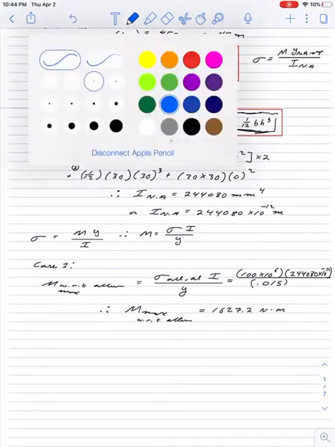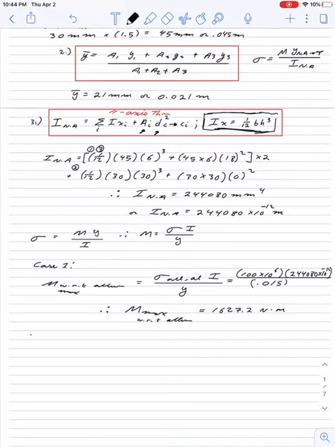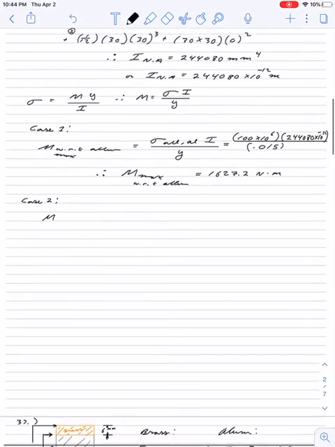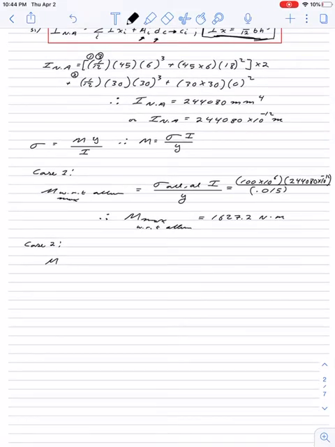So we go down here, and we want case number 2. We want to find the moment with respect to brass, and we want that to be the maximum moment.